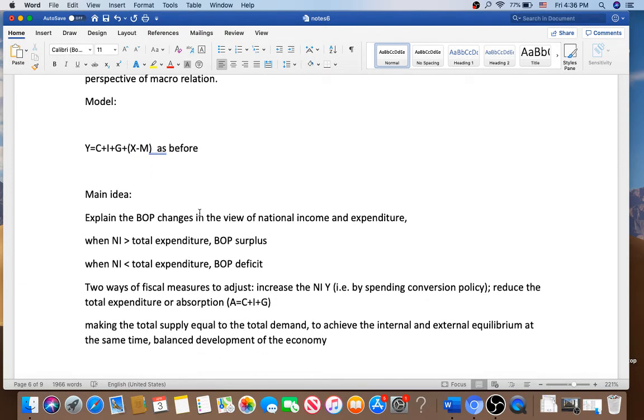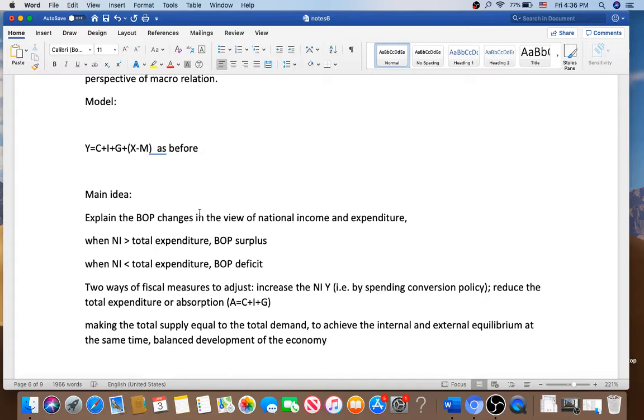There are two ways of physical measures to adjust. First is to increase the national income, that is the Y, by expenditure switching policy. The other is to reduce the total expenditure or absorption, that's the sum of consumption, investment, and government expenditure.